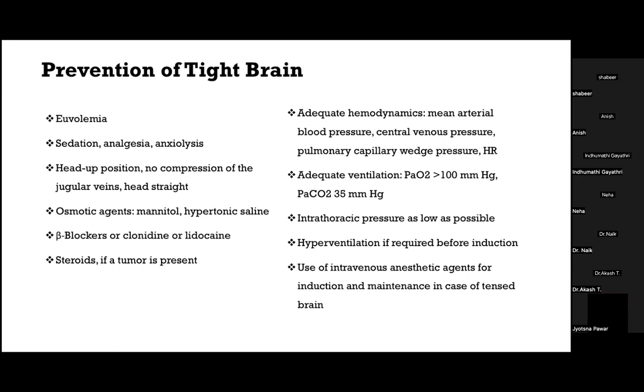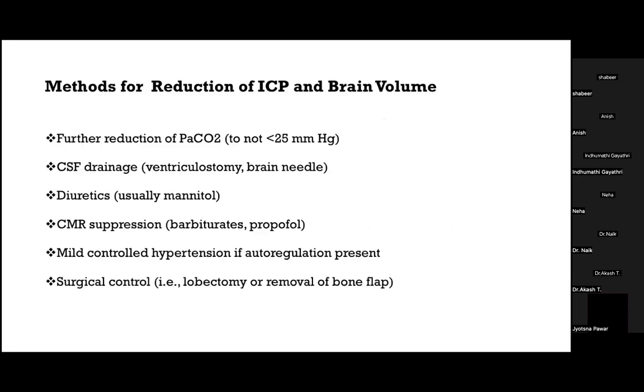Adequate hemodynamics, maintaining the mean arterial pressure, CVP, pulmonary capillary wedge pressure, heart rate. Adequate ventilation to maintain the PO2 more than 100 and PCO2 more than 35. Intrathoracic pressures are low. Hyperventilation before induction. Use of intravenous anesthesia agents for induction and maintenance in case of tense brain.